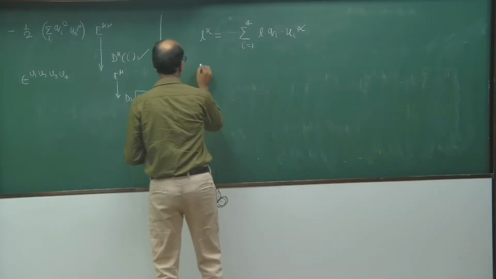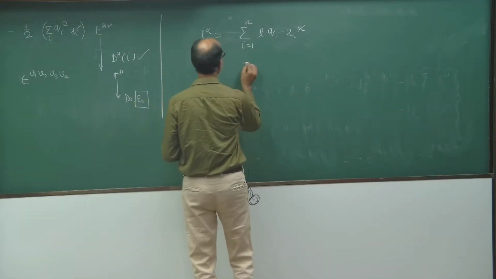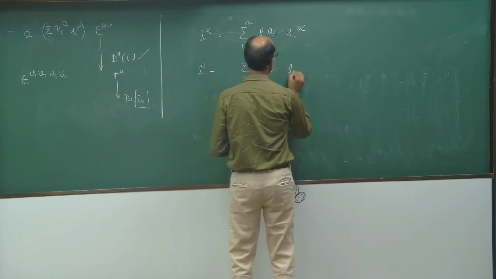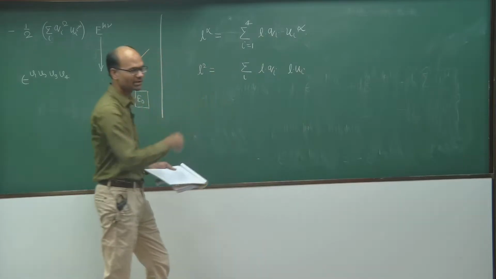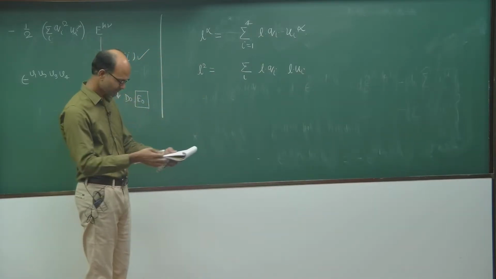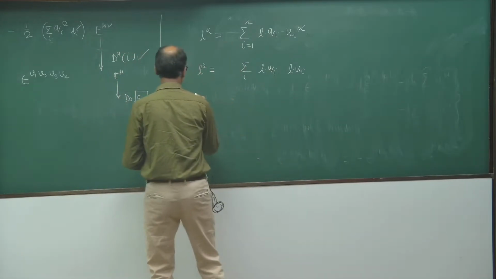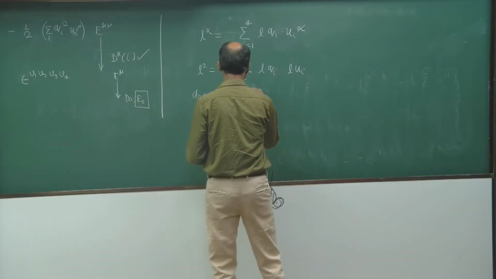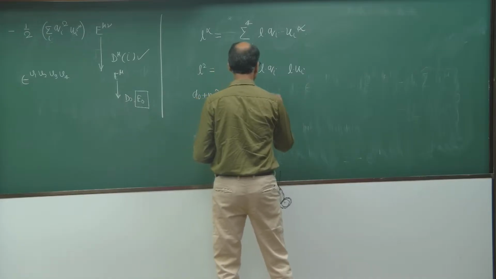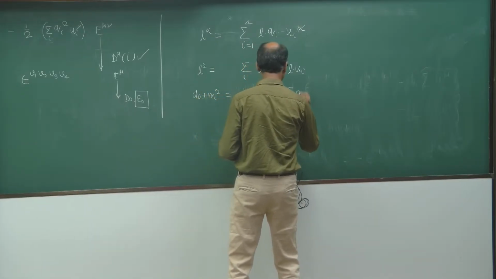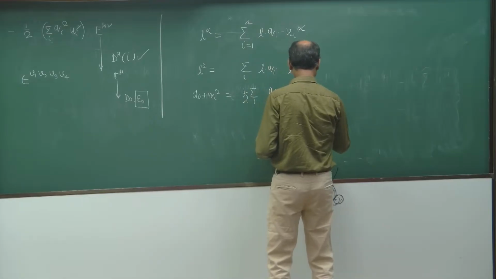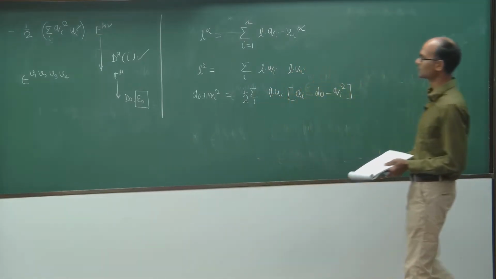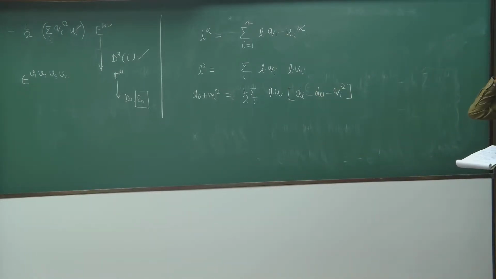What I do is compute L squared, which is sum over i of L dot Qi L dot Ui. So I multiply with L alpha on both sides. On the left hand side, this is nothing but D0 plus m squared, and on the right hand side, this is half L dot Ui di minus D0 minus Qi squared, as we have done multiple times.